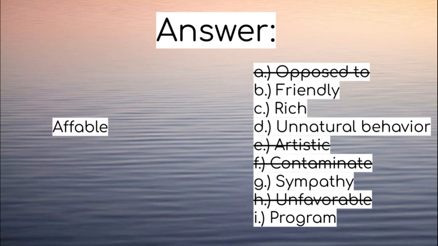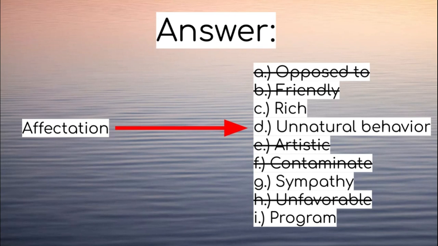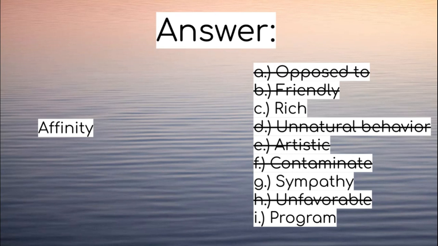Next is affable, which means friendly, and it links up with letter B. Next is affectation, and it links up with unnatural behavior, which is letter D. And then slowly, 3 more to go, affinity, which links up with sympathy, which is letter G. And then out of these 2, the last one will be given away.